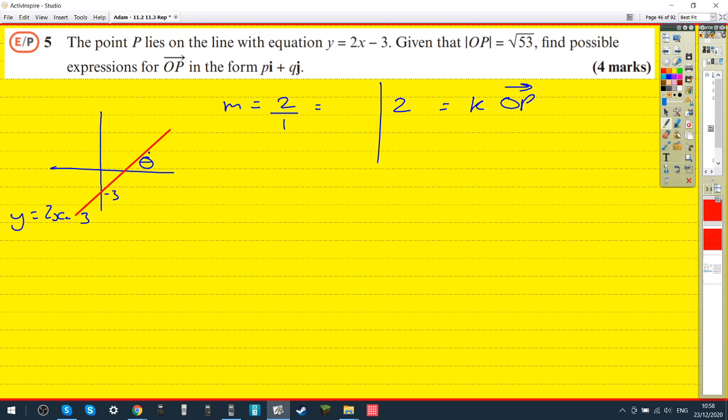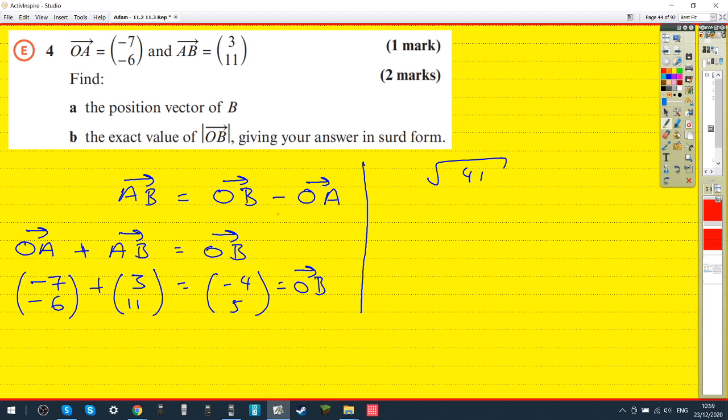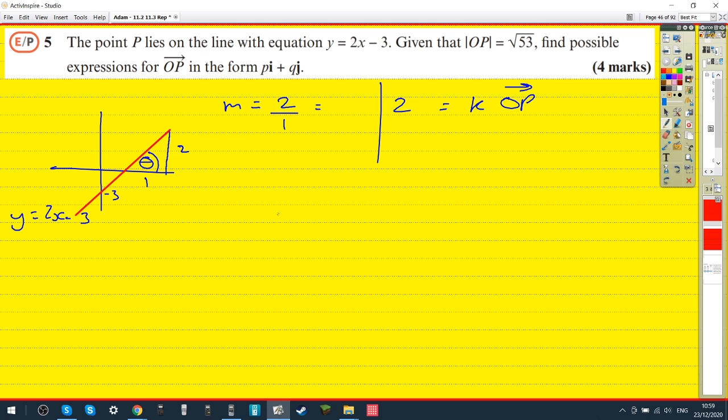Oh, we can find that angle, I suppose. It's like the reverse of this one, O to P. So I could use TOA.